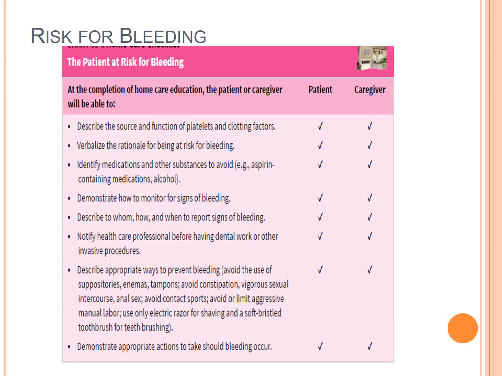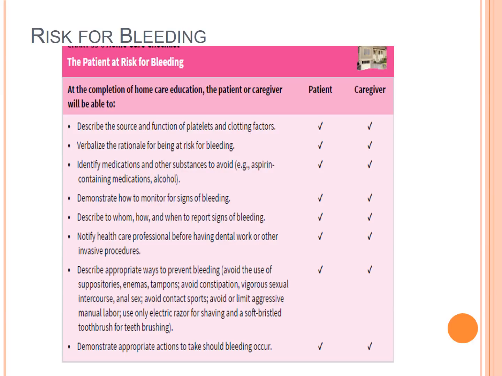So describe appropriate ways to prevent bleeding. So you can see all of them listed here. I know we've talked about this in other classes as well, like avoiding contact sports, anything that's really physical, use electric razors, soft bristled toothbrush, avoid constipation, right?